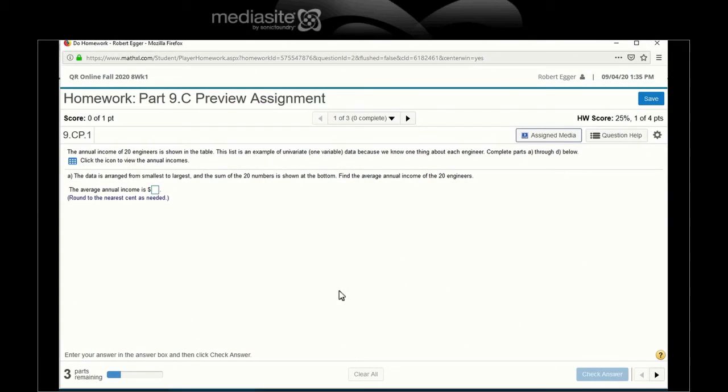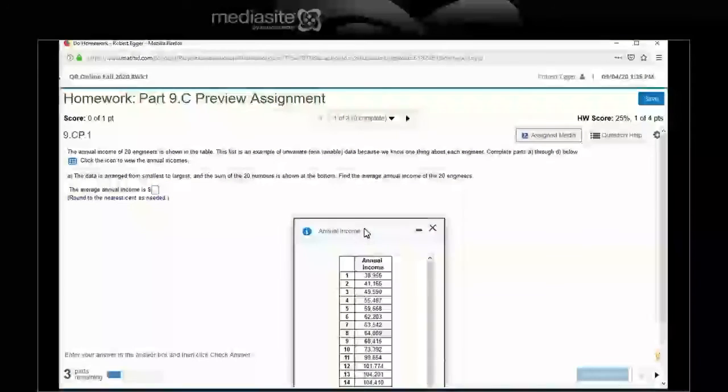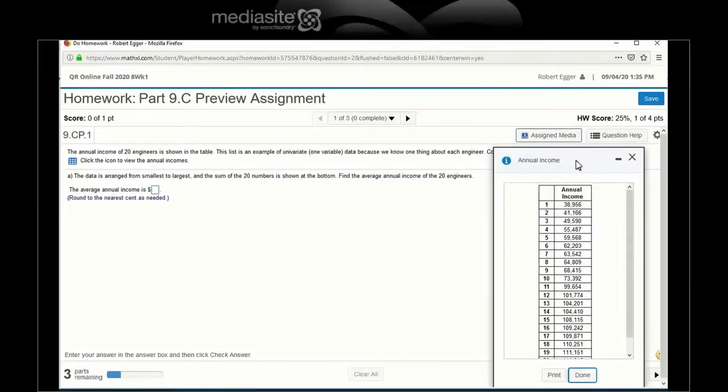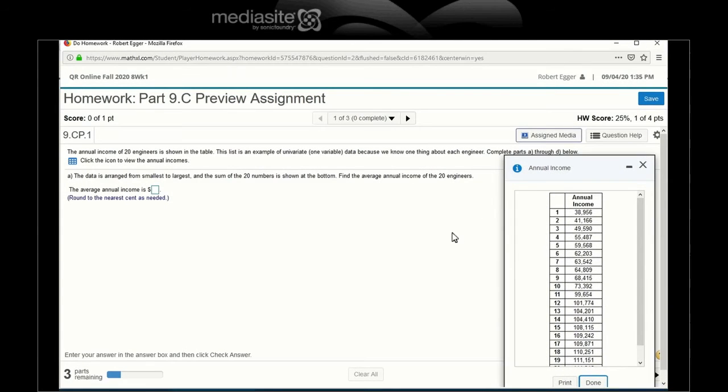Here we go. The annual income of 20 engineers is shown in the table. Here's the table. This list is an example of a univariate, one variable, because we know one thing about each engineer. Complete parts A through D below.